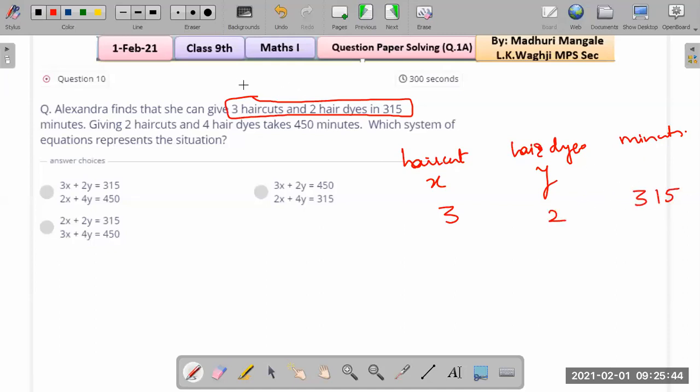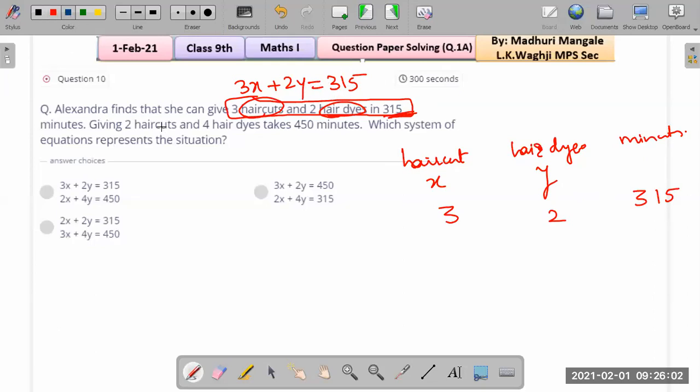So clearly this equation is 3x plus 2y equals 315. Replace the haircuts with x, the hair dye with y, and the total is 315 minutes.